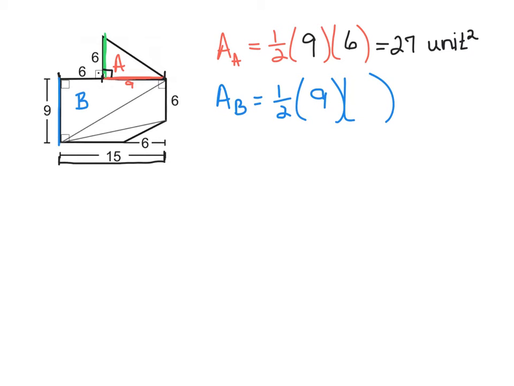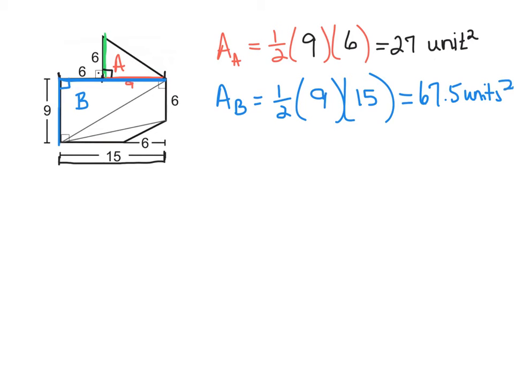I also know that I have at a 90-degree angle another side of the triangle, so that'll be my height, and it was 15 units long. We already had calculated the 6 and the 9. So 9 times 15 divided by 2 is 67.5 units squared.